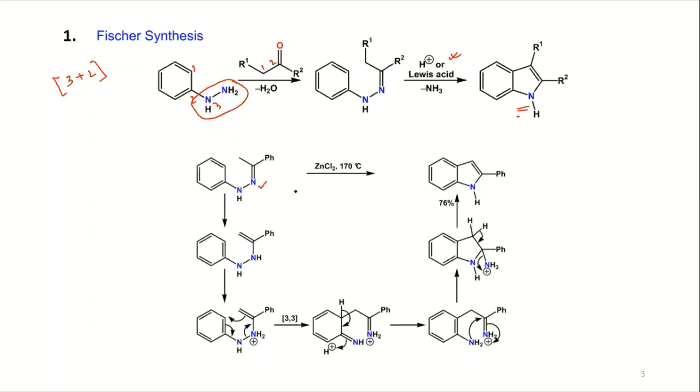So this is the imine formation, and then this one is undergoing enolization, I mean the tautomerization. So you have tautomerization here, a proton transfer reaction. And then you have to add H plus or the Lewis acid.